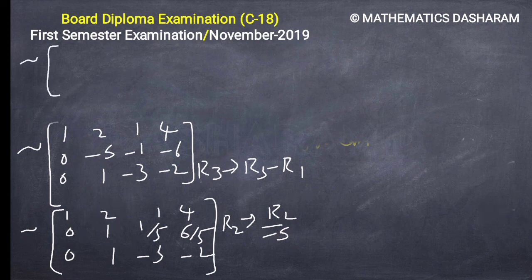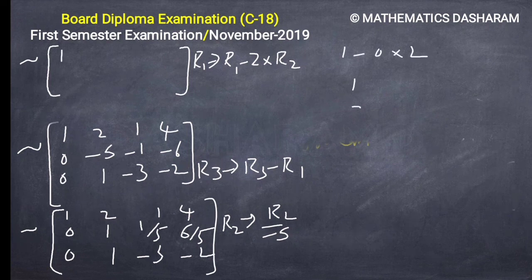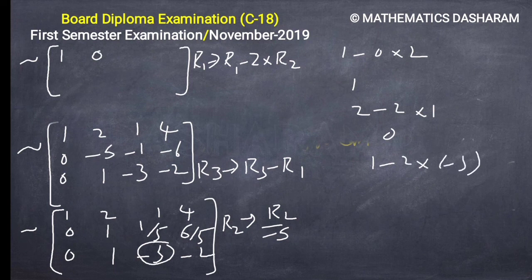So first row replace with R1 minus 2 into R2. So 1 minus 0 into 2 is 1. Next, 2 minus 2 into 1 is 0. Next, 1 minus here 2 into minus 3... Sorry, it is R2.